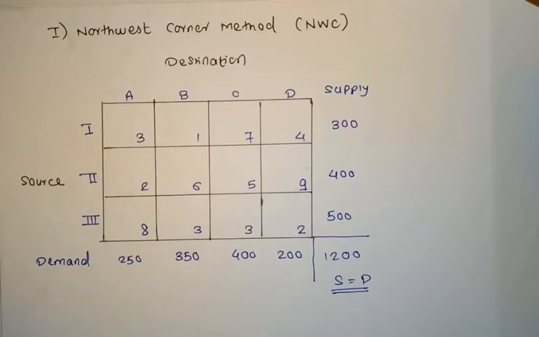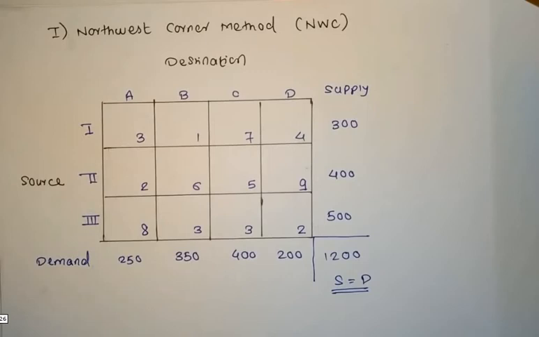The total demand is 250 plus 350 plus 400 plus 200, which is also 1200. For this problem, total supply equals total demand, so we can proceed to the next steps.